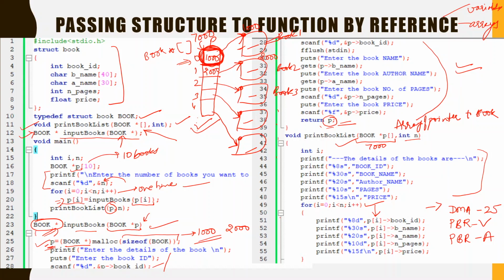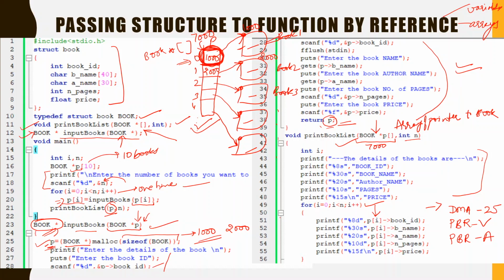So what you have to remember is the particular syntax that is going to be used for the particular purpose. If you want to pass an array of pointers, you have to use this particular syntax to pass, and this particular syntax to catch the address of the array of pointers. And if you want to catch only the address of a particular book, this can be done with the help of a simple pointer.